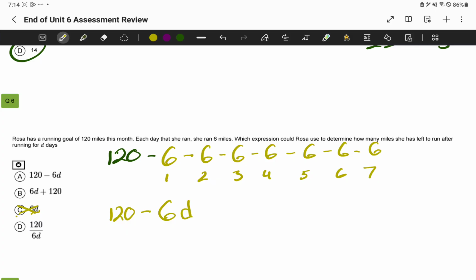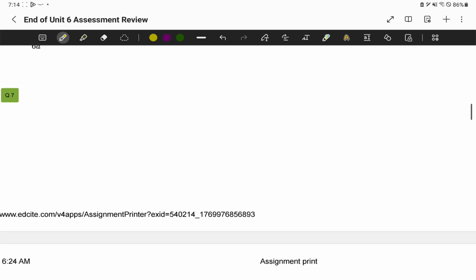This tells us how many miles she ran after D days and adds it to the 120. Instead of telling us how much she has left, that would tell us how many she ran over 120. And so this is how much she had left. We have to do subtraction. Okay.